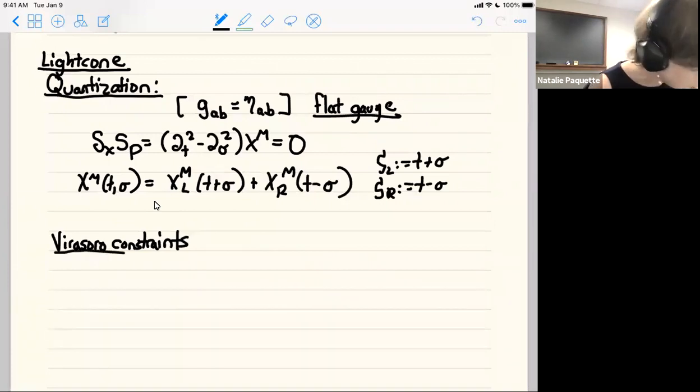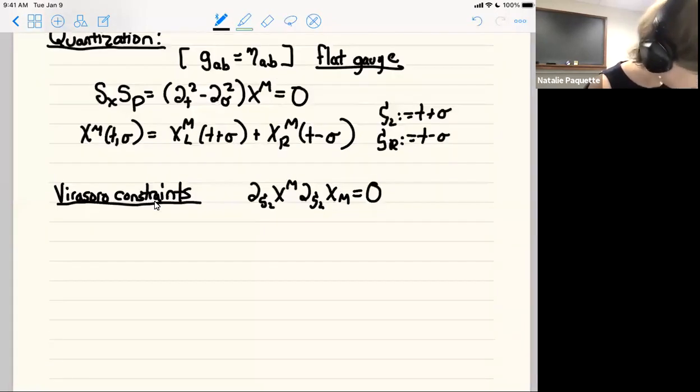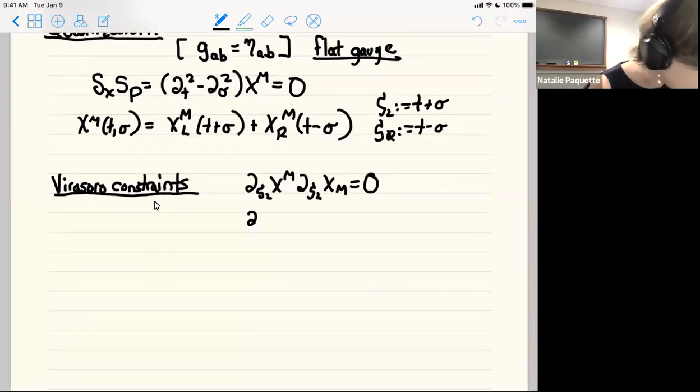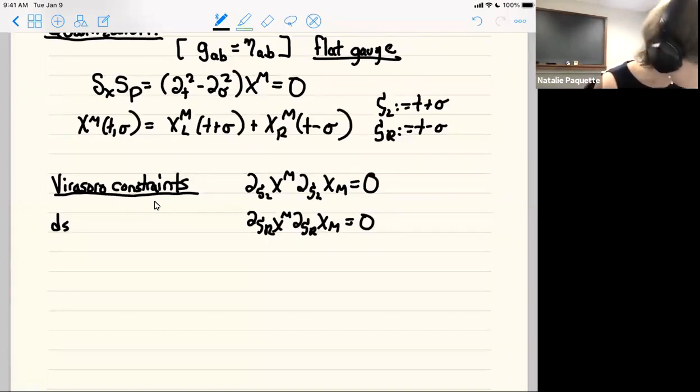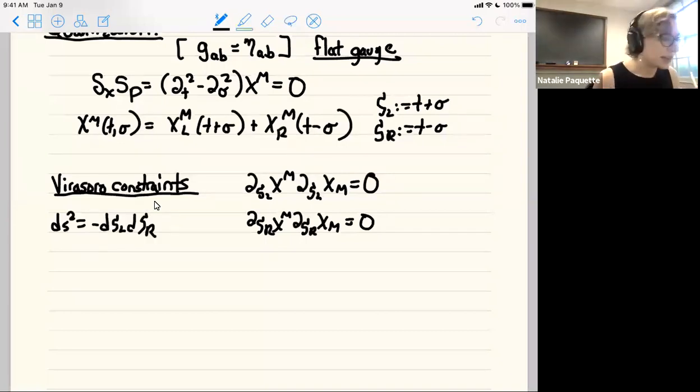And I'll just write them in my new coordinates, zeta L and zeta R, because they look particularly simple in those coordinates. And I have my flat space metric in terms of these coordinates as well. Nothing too fancy. And now the leftover gauge invariances are pretty easy to describe.